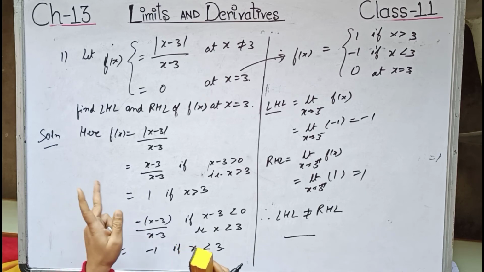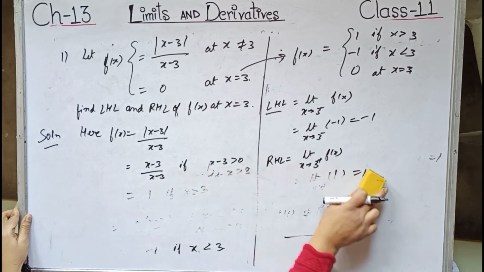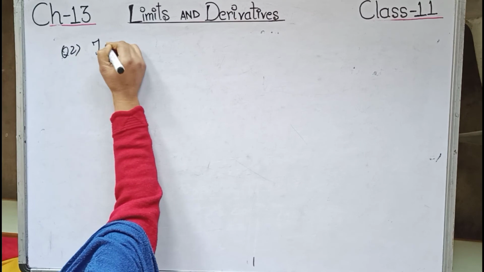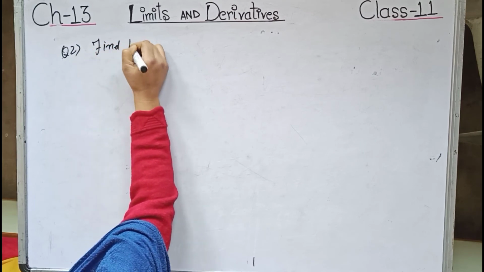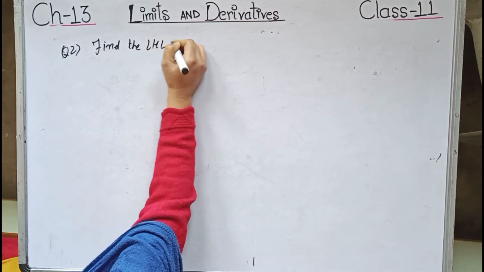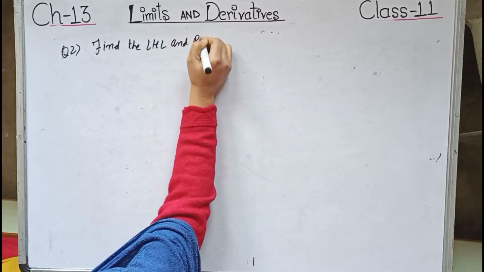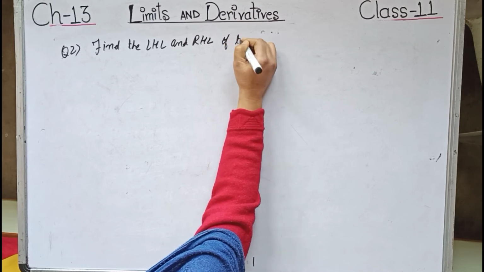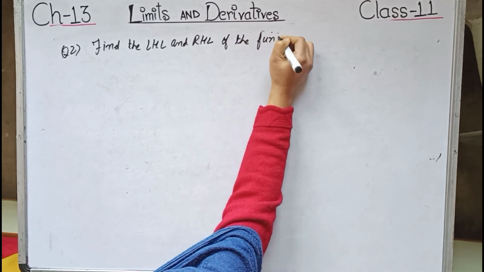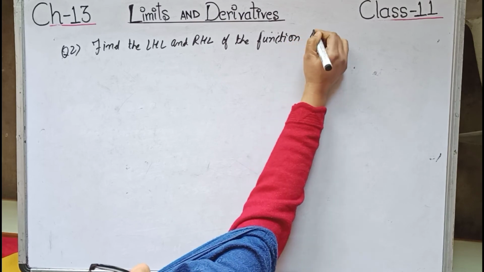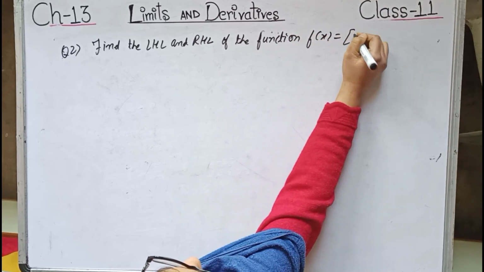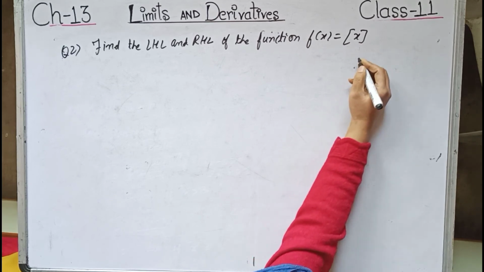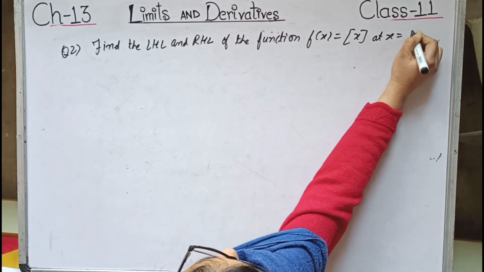Let us do one sum based on the greatest integer function. The question is, find the left hand limit and right hand limit of the function f(x) is equal to the greatest integer function x at x is equal to k.